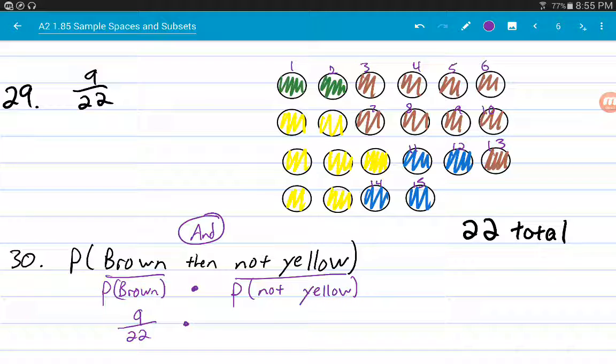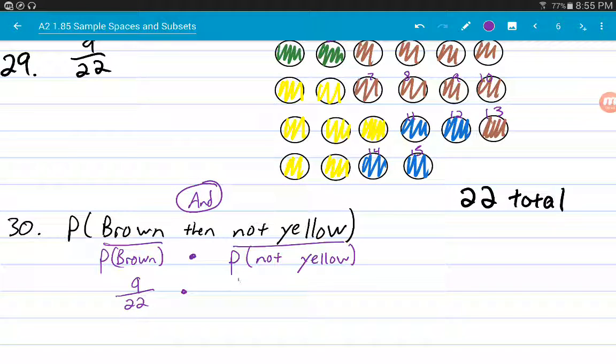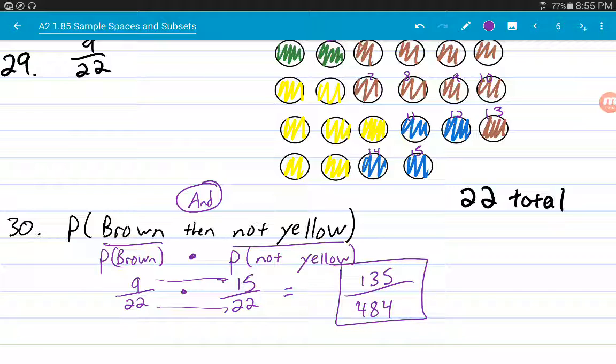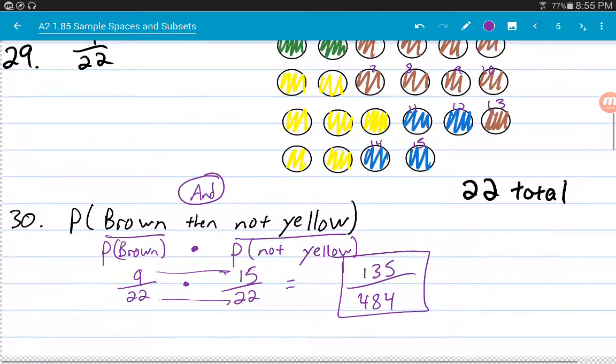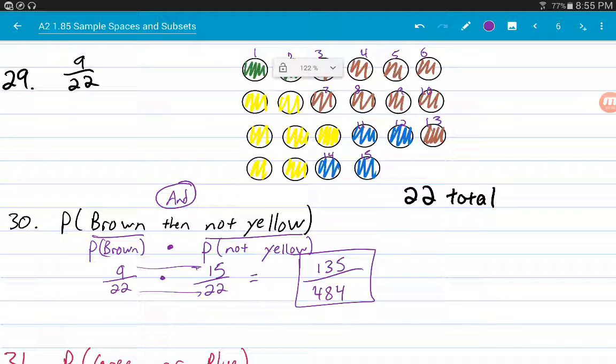So 15 of those are not yellow. 15 out of 22. And now I'll just take this to my calculator. I'll multiply it. 9 times 15 is 135. 22 times 22 along the bottom is going to be 484. So that might be simplifiable, but I'm doing this in my head, so you'll have to check that in calculator.